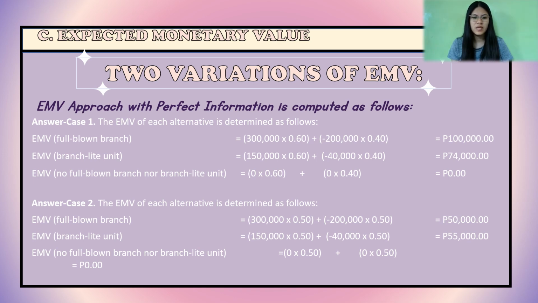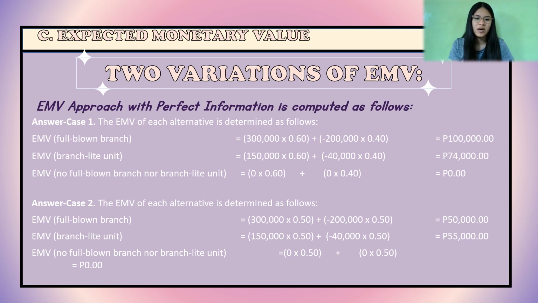Expected monetary value branch light unit equals favorable market condition na 150,000 times 60% plus unfavorable market condition na negative 40,000 times 40%, which is equal to 74,000 pesos.